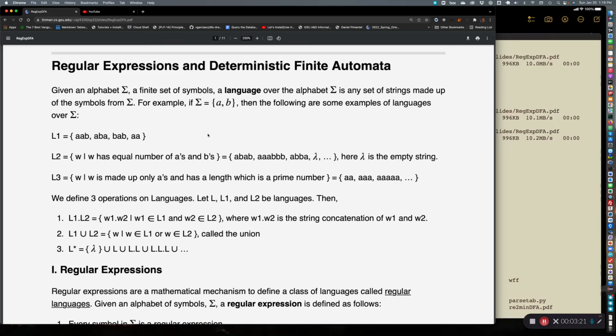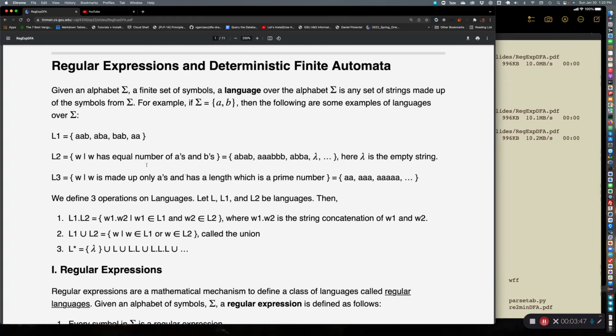Now, finite languages are not of much interest to us. In computer science, we are more interested in infinite languages which follow certain patterns. So here are a couple of examples. L2 is a language of again strings made up of A's and B's. And the property each string has is that each string has an equal number of A's and B's in it.